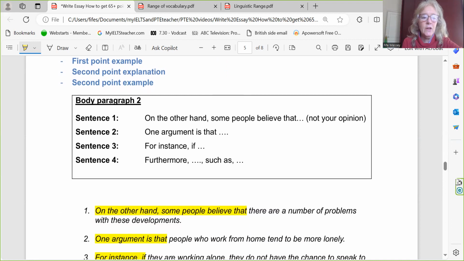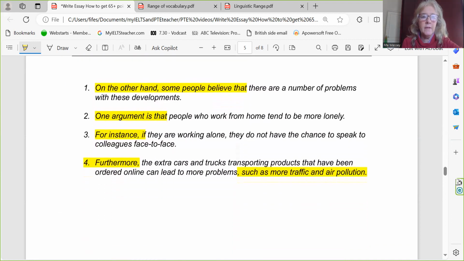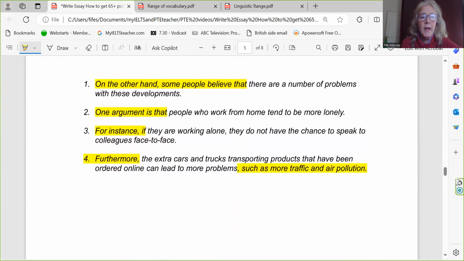Again, let's take a look at that for this essay. On the other hand, some people believe that there are a number of problems with these developments. This paragraph is all about the disadvantages for this topic. Next sentence, first point I want to make. One argument is that people who work from home tend to be more lonely. This is my communication disadvantage.